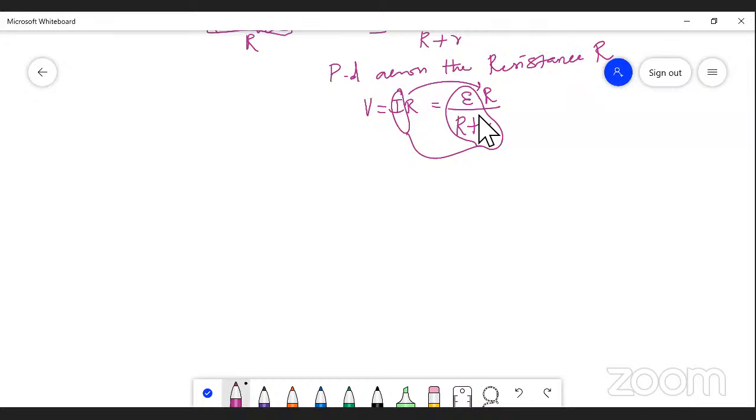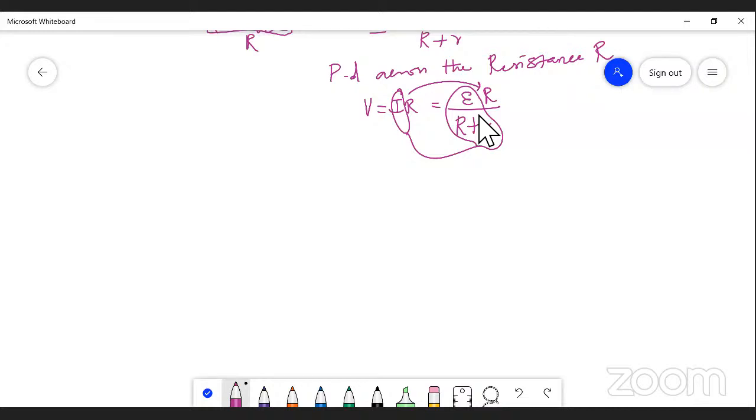The balancing length we attained in the first case corresponds to the EMF of the cell. Make it clear: the potential difference across the balancing length of the potentiometer wire balanced the EMF of the cell. So you measured the EMF of the cell in the first case.